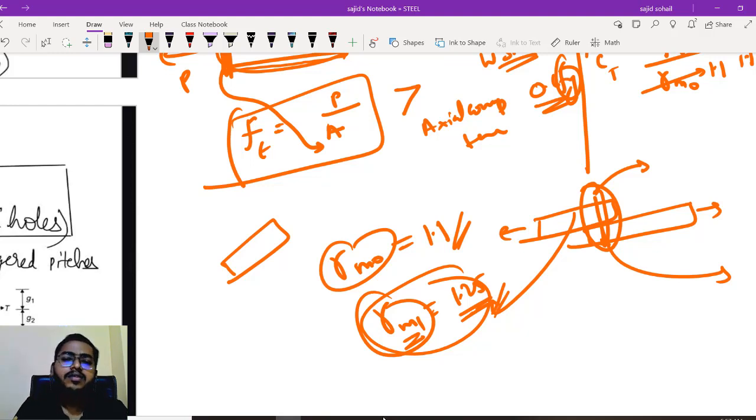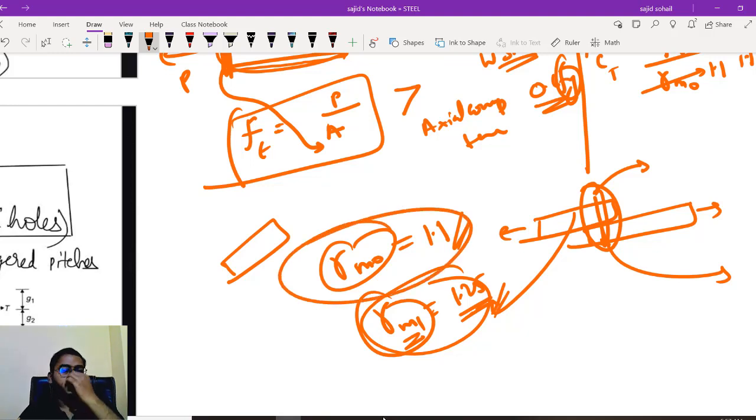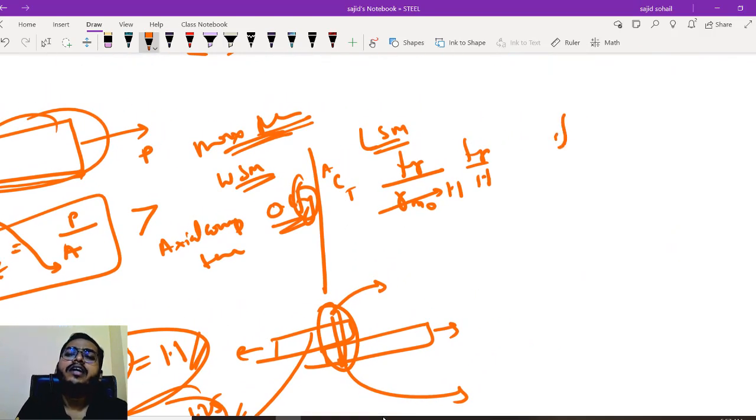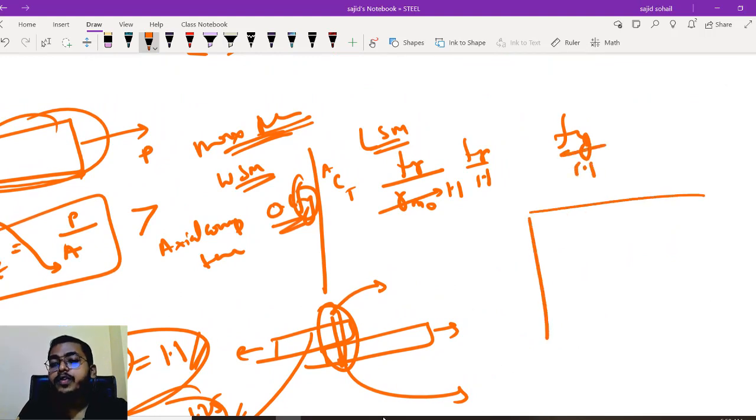For members, whether tension members, compression members or flexural members, it doesn't matter. For members we use gamma m0, which is 1.1. Our partial factor of safety is 1.1, so the maximum permissible stress becomes Fy by 1.1. I hope in your short notes you will make a proper table and write down everything.